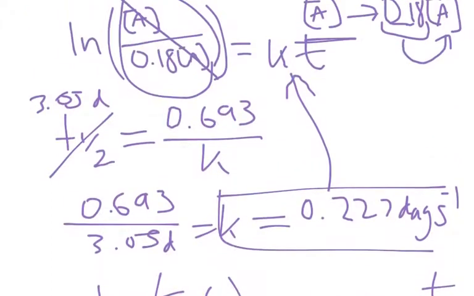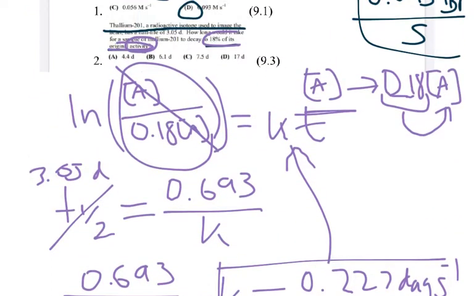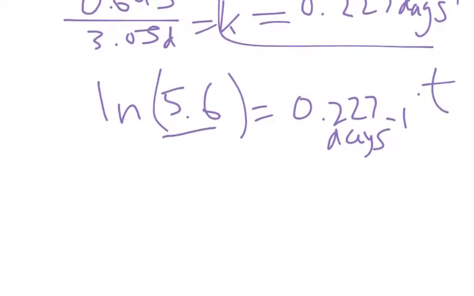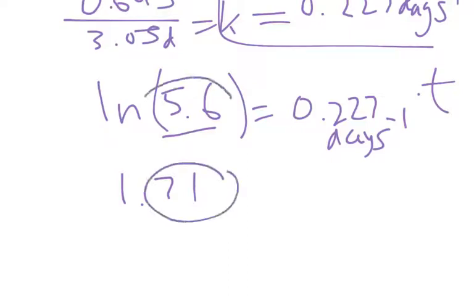I kept track of sig figs since at the beginning there's exactly 100% or exactly 1. So this is an exact number, but 0.18 is not an exact number. That's why there are 2 sig figs here, and the natural log of 5.6 is about 1.7. Notice how 2 decimal places for 2 sig figs.